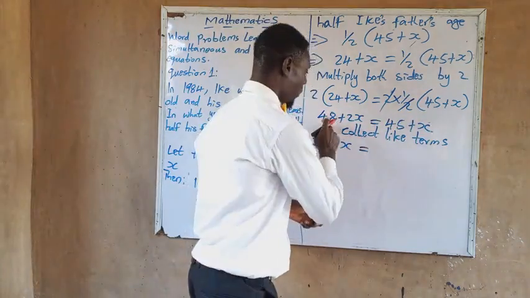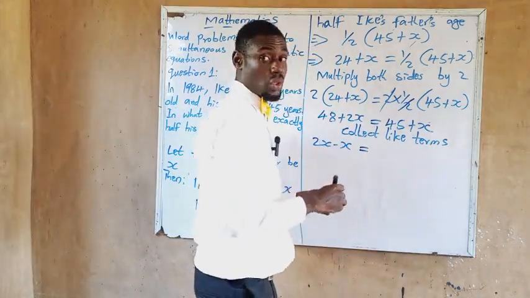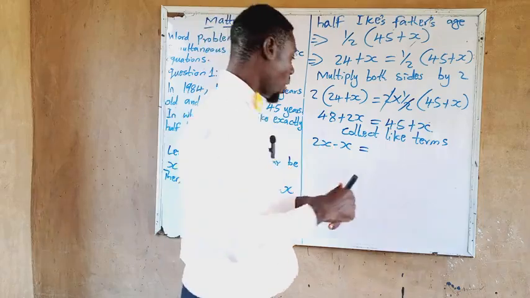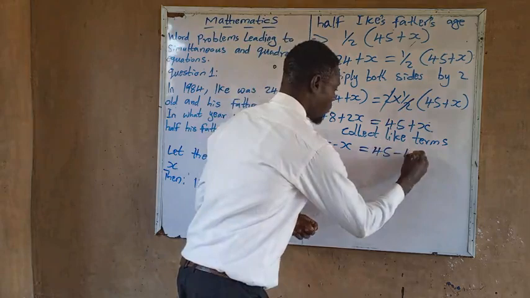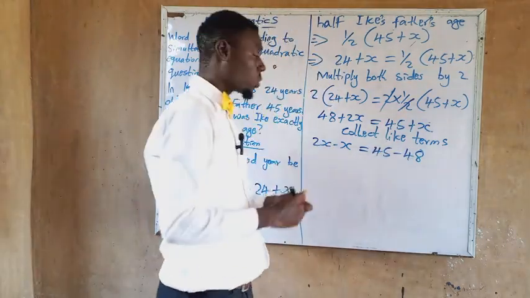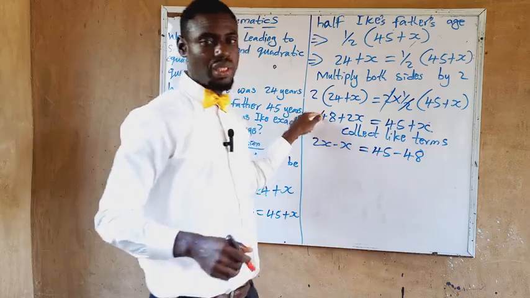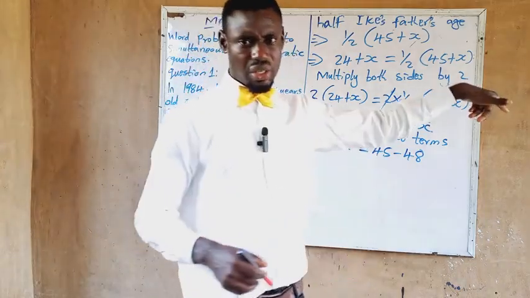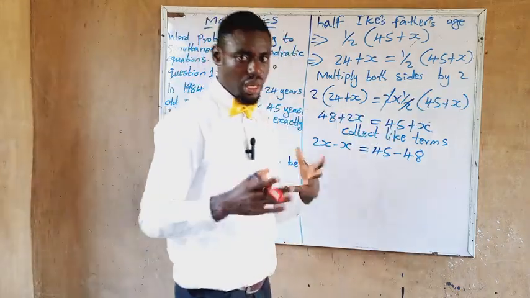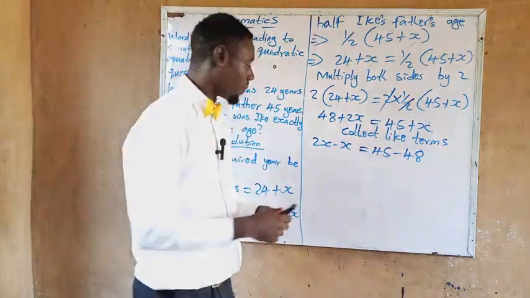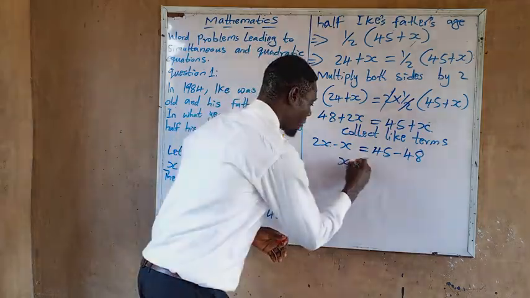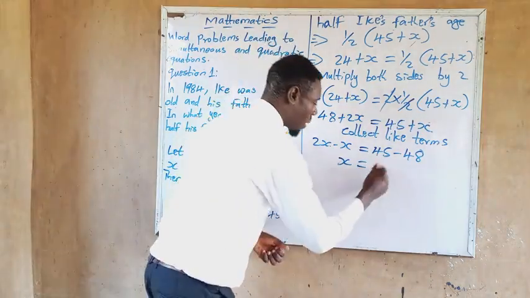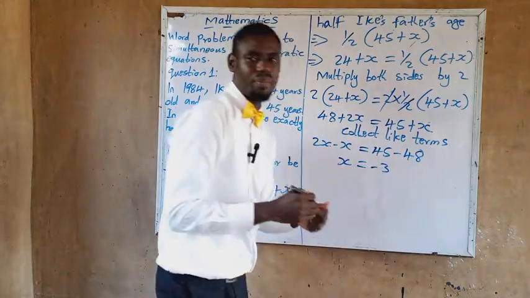And this 45 has to go to the other side so we can have an equal balance. So we have 45 minus 48. The 48 is positive here, so when it crosses to the other side, it gives us a negative value. Taking one x away from 2x, you have just x. Now when these cancel, you have minus 3.